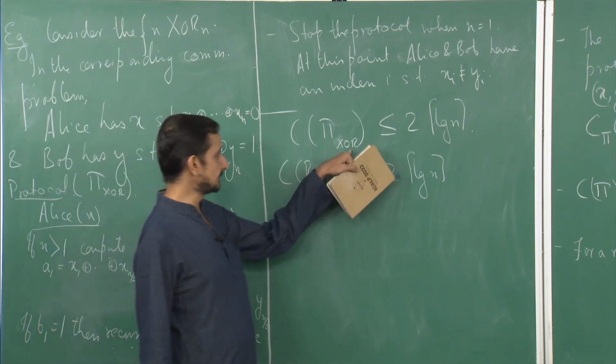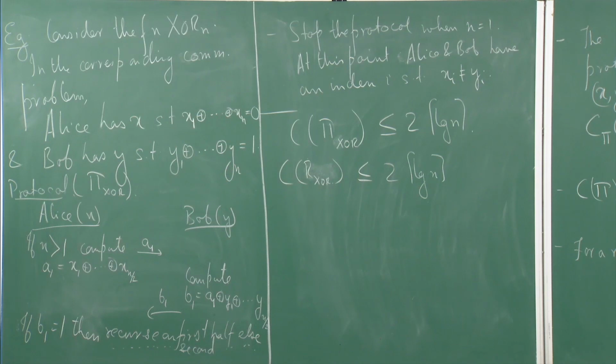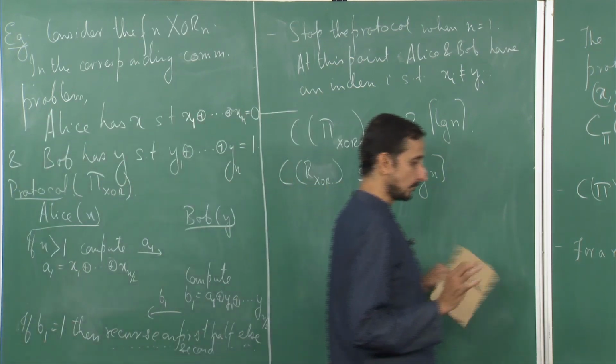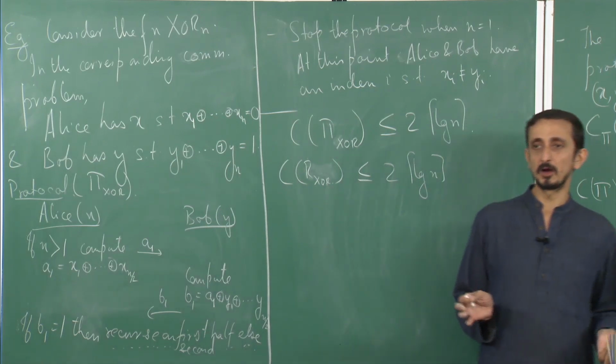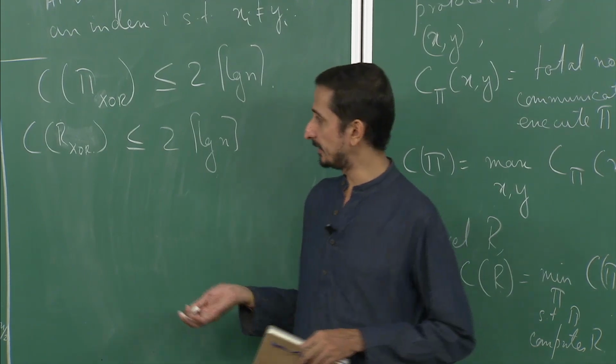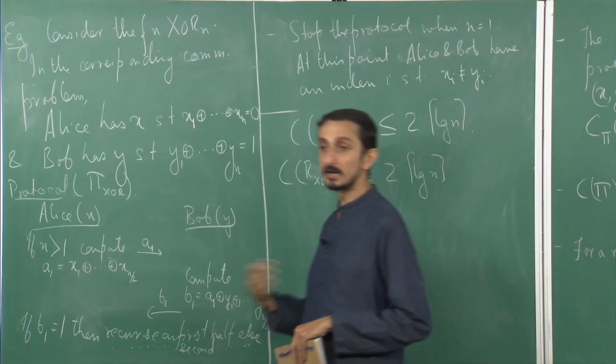Because there is a protocol, it is at most 2 log n. Now what does this say about the connection between the communication complexity of XOR and circuit depth?